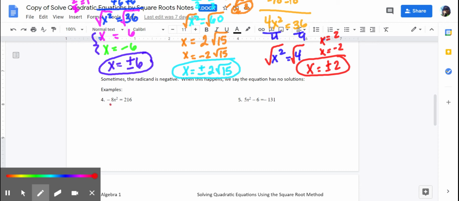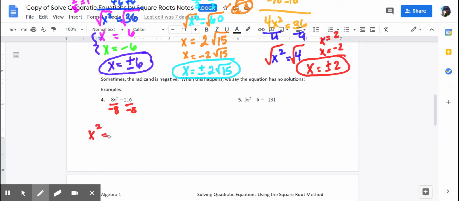To get x squared by itself, I need to divide each side by negative 8. So when I do that, I get x squared equals negative 30. Sorry, when we divide 216 by negative 8, we get negative 27.